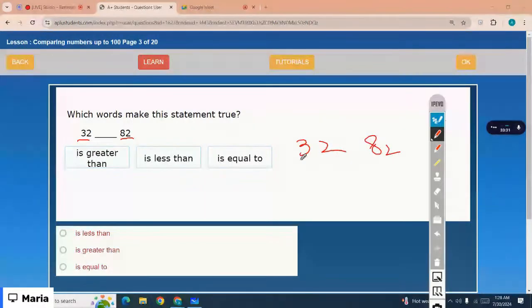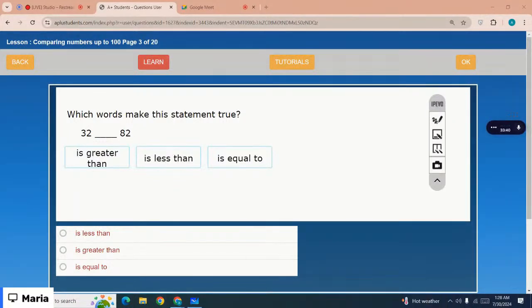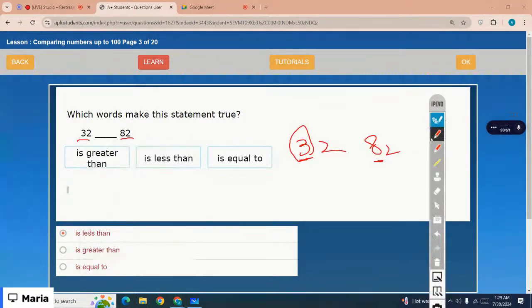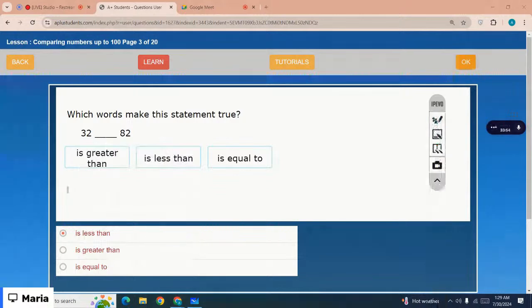When you count, you have 3 first, then 8, right? 3 comes before 8. 3 is at the tens place, right? So 32 is less than 82. The correct option is less than.